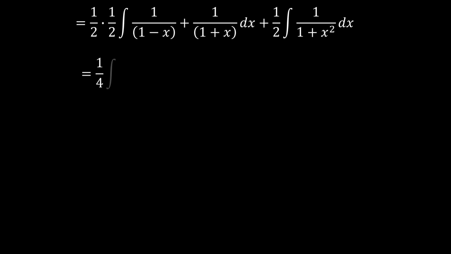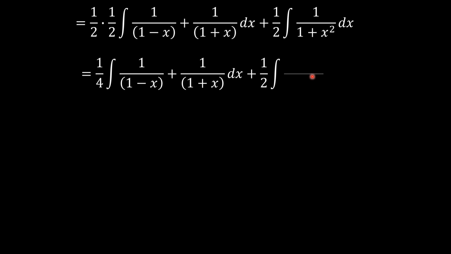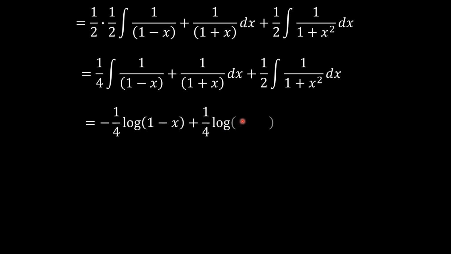So we have now a quarter, the integral of 1 over 1 minus x plus 1 over 1 plus x, plus half the integral of 1 over 1 plus x squared. This is easy to see that this is negative a quarter, the natural logarithm of 1 minus x, plus a quarter, the natural logarithm of 1 plus x.